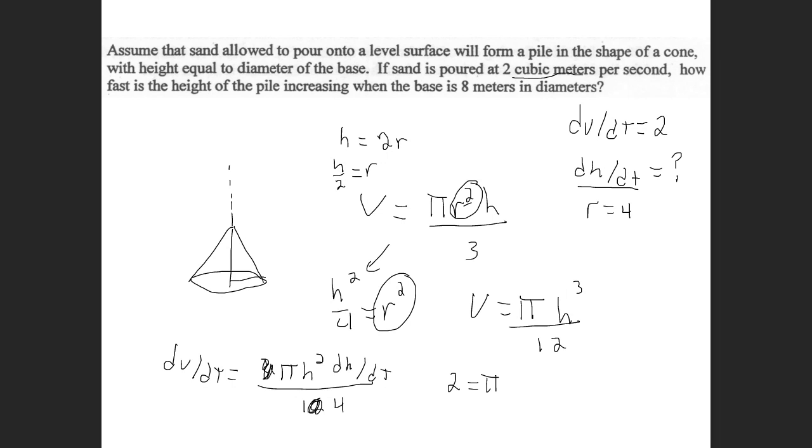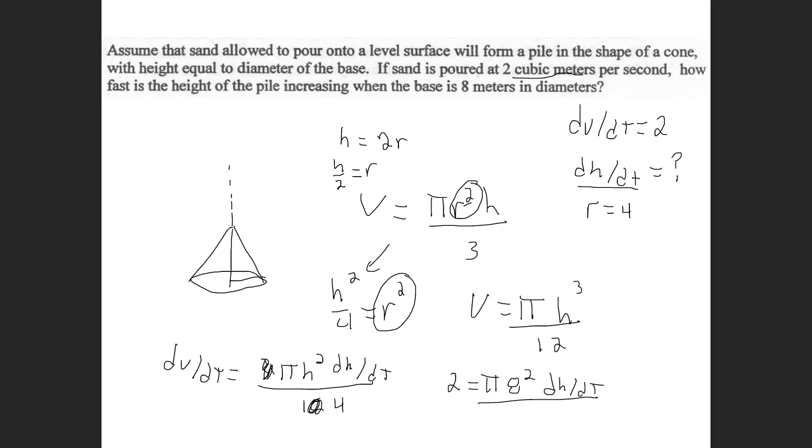Well, they tell me the pile is increasing. They want to know how fast is the height changing while the pile increases when the base is 8 meters in diameter. Well, we know height and base are the same, right? They told us that way up at the top. The height is equal to the diameter of the base. So this would be 8 in here, 8 squared, dh/dt, that's what I'm looking for, over 12.